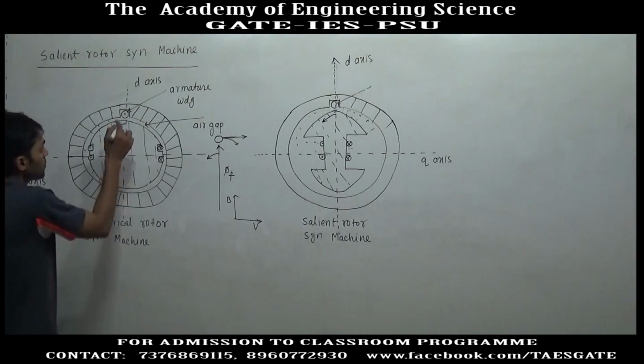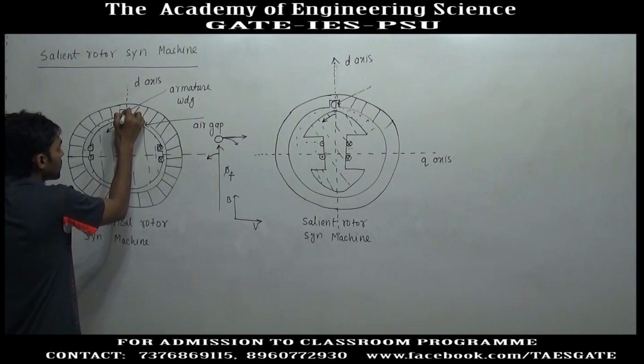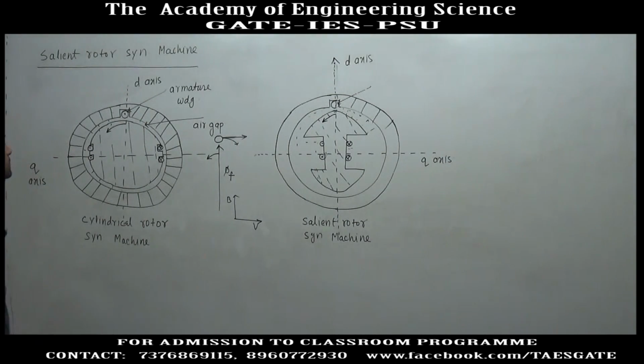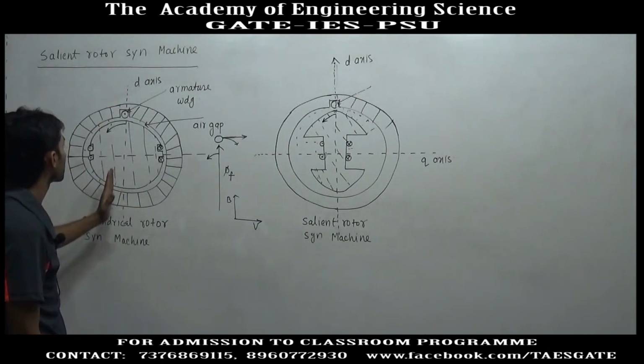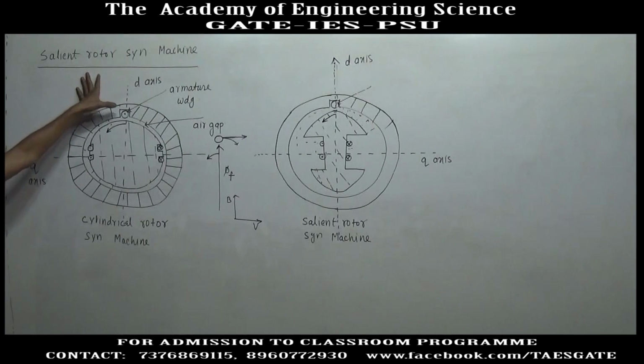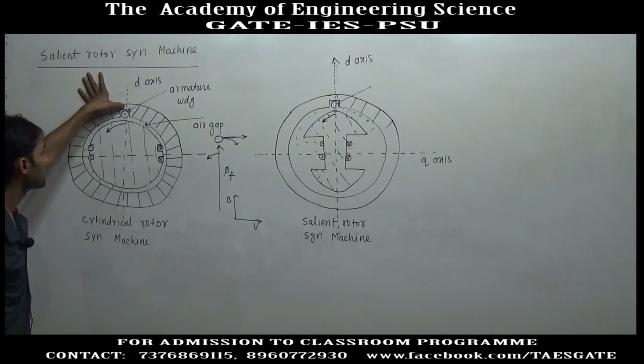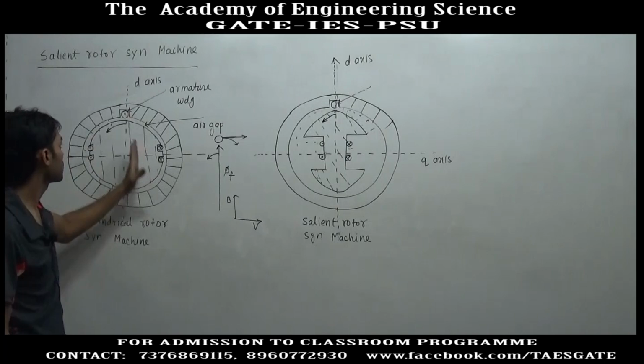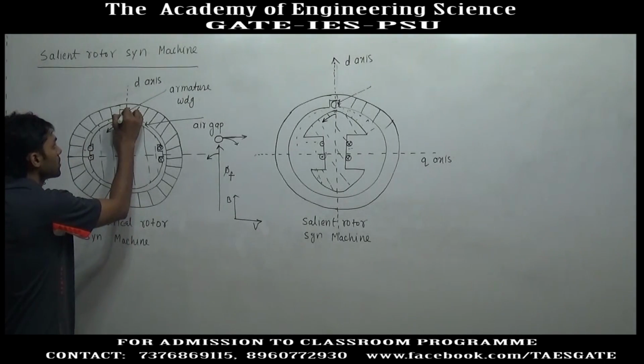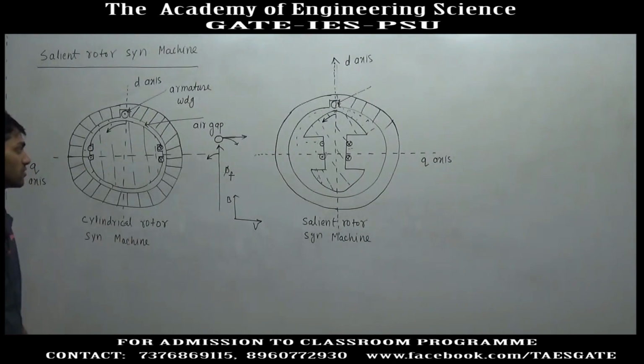Now before analyzing the current, we will say that in this conductor the direction of flux is upward. So this conductor is completely in the influence of the north pole, or in the maximum influence of the field flux.